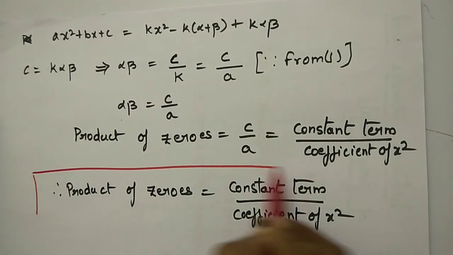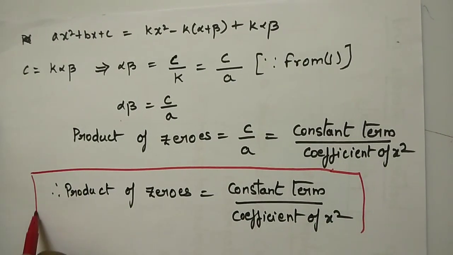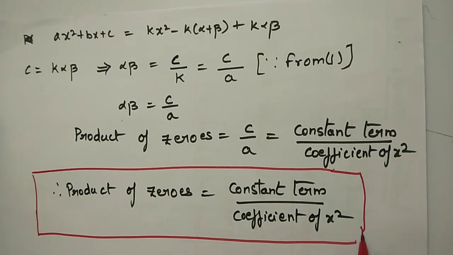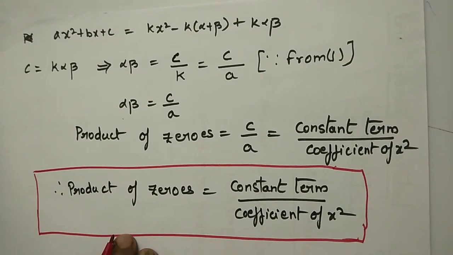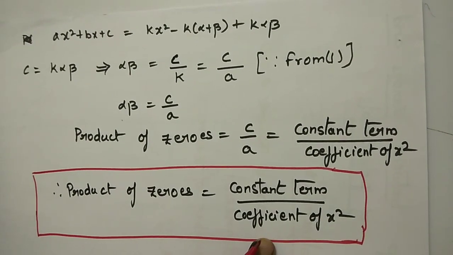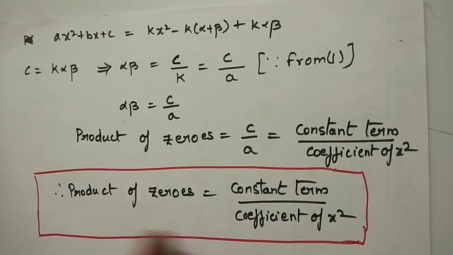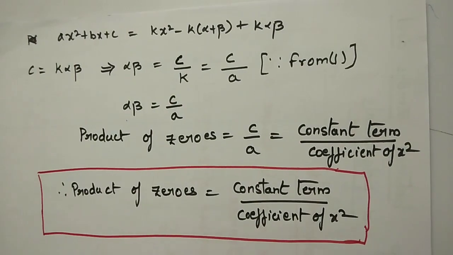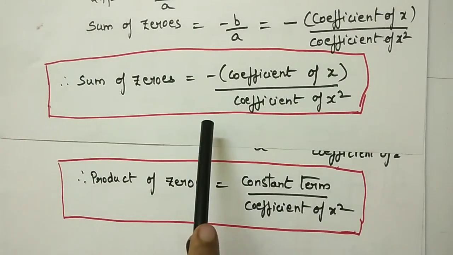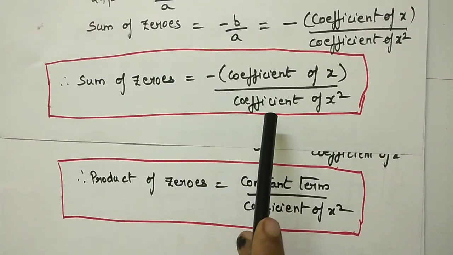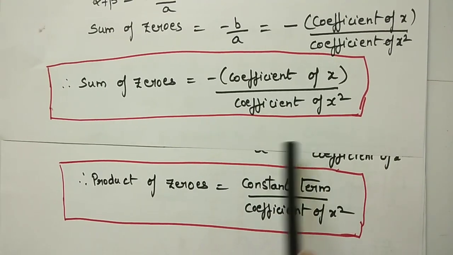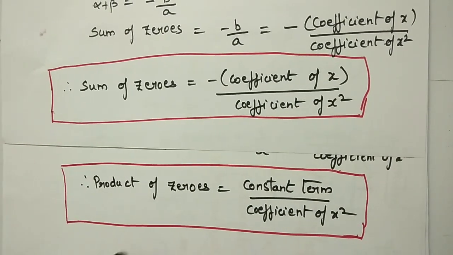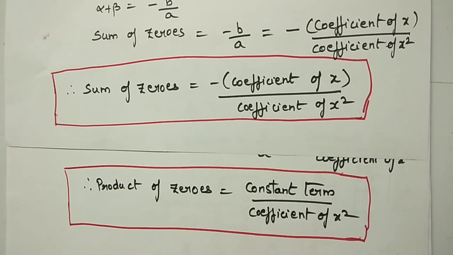The logic in this relation is given, the questions in the objective type will be on the logic of this relation, and for verification this will be used in problems. Sum of zeros is equal to minus of coefficient of x by coefficient of x square, and product of zeros is equal to constant term by coefficient of x square.